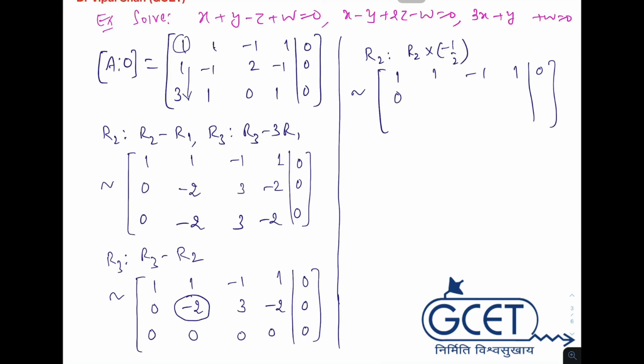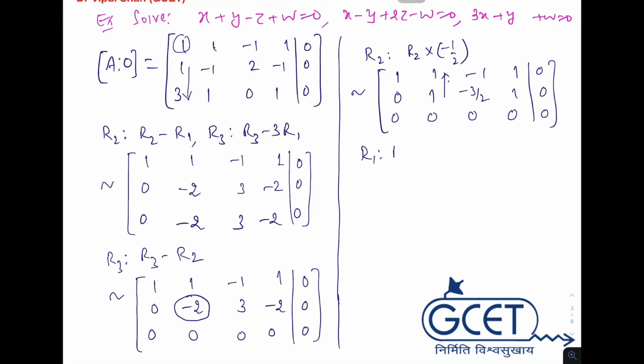This is 0 1, this is minus 3 by 2. Now divide by minus 2, so this is 1, this is 0. This one is 0 0 0 0 and 0. Now we make this entry to be 0 because already that 1 is below it, so we make 0.